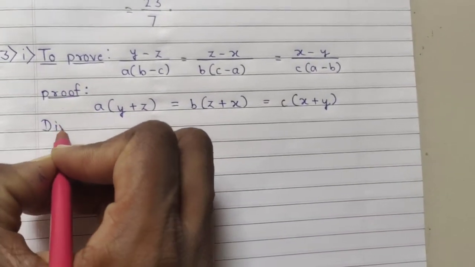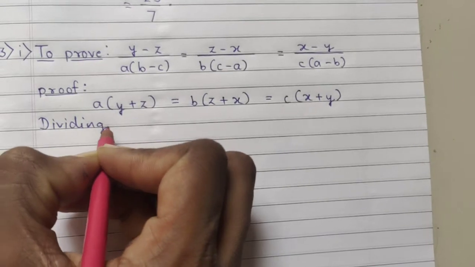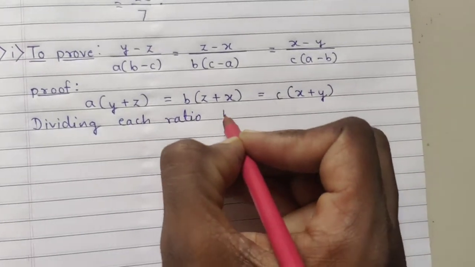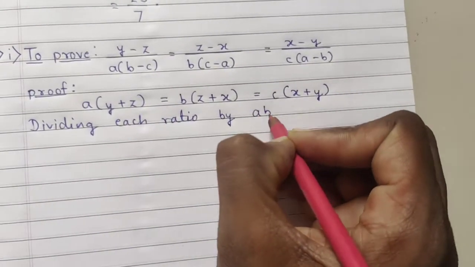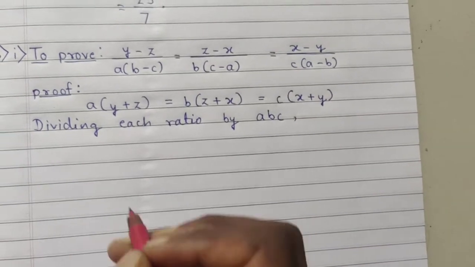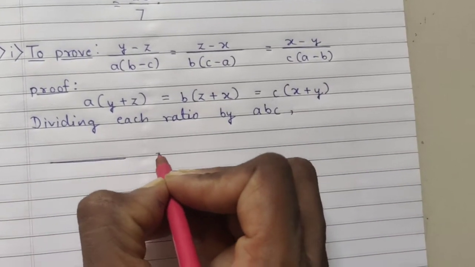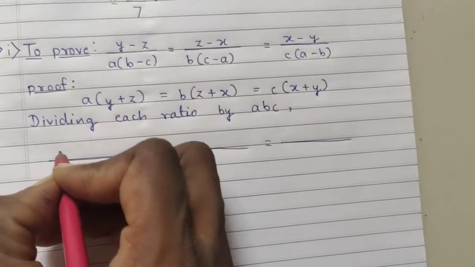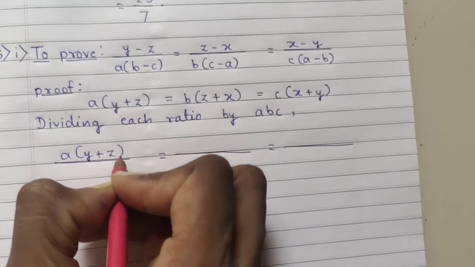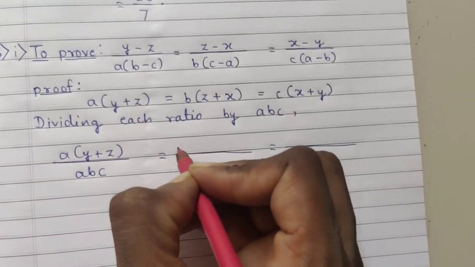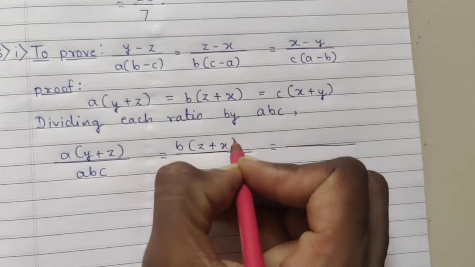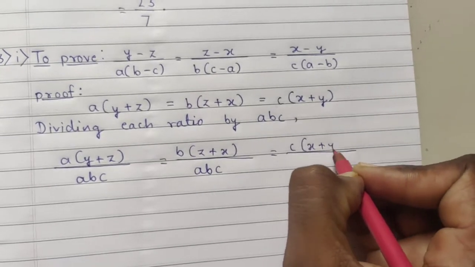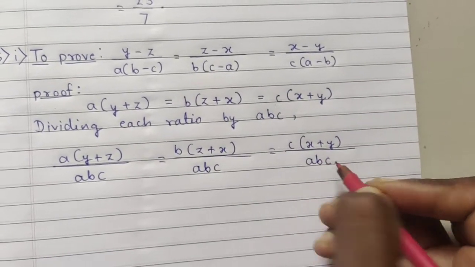Dividing each ratio by abc: a(y + z) divided by abc, b(z + x) divided by abc, and c(x + y) divided by abc.